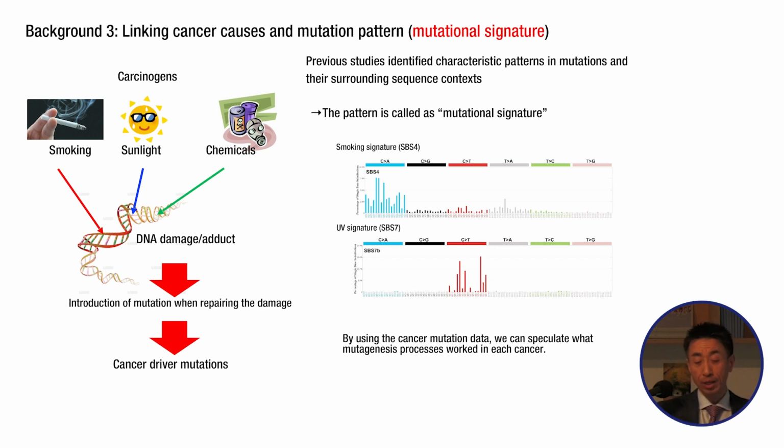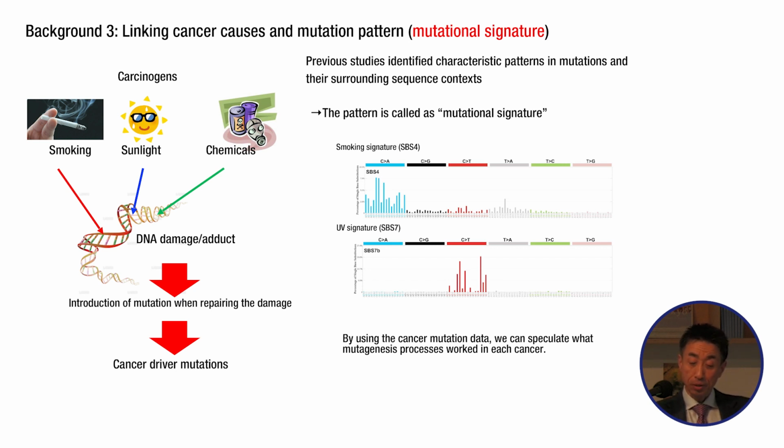That's why we can classify somatic mutations based on their sequence context. Then we can tell which factors are inducing each mutation. That is called the mutation signature. So a mutation pattern or mutation signature is associated with a specific cause of cancer.